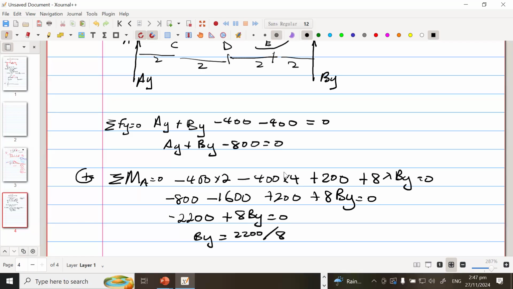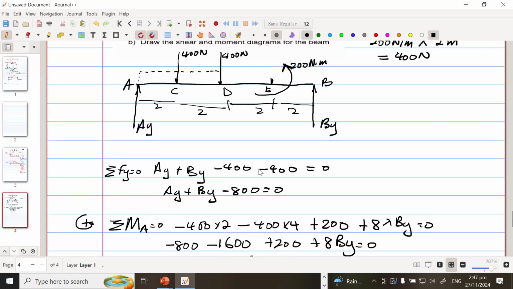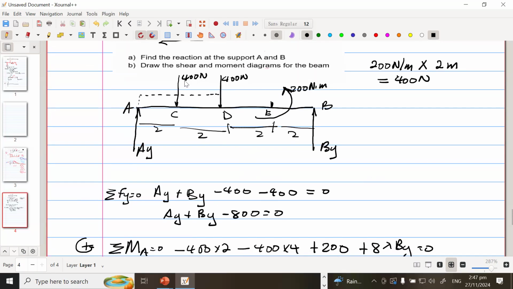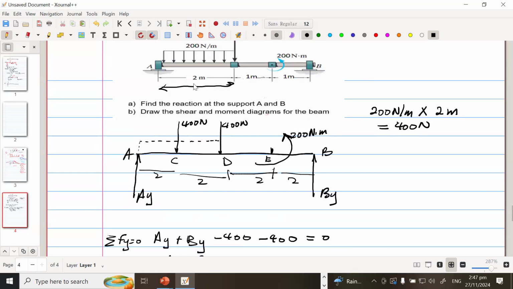Something is wrong. What did I put? So this was 4 times 2. I'm just checking the value here. What was the distance here? Let me check the distance.